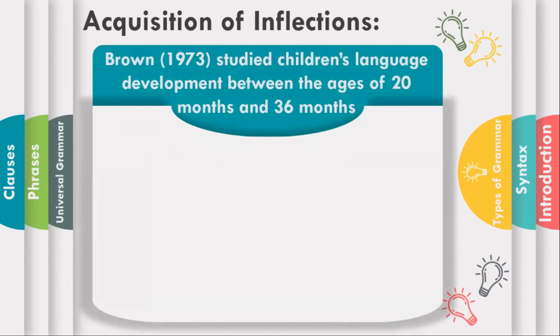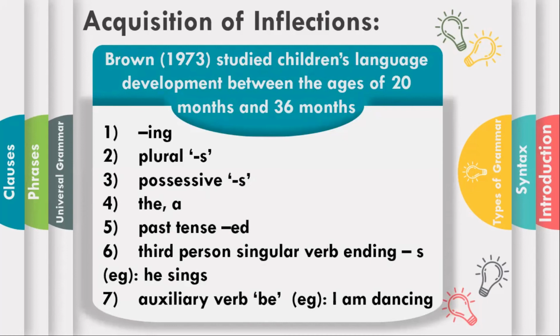So, Brown, in 1973, studied children's language development between the ages of 20 months and 36 months, and found the sequence shown below occurred regularly. The features are also listed in the order in which they were acquired.